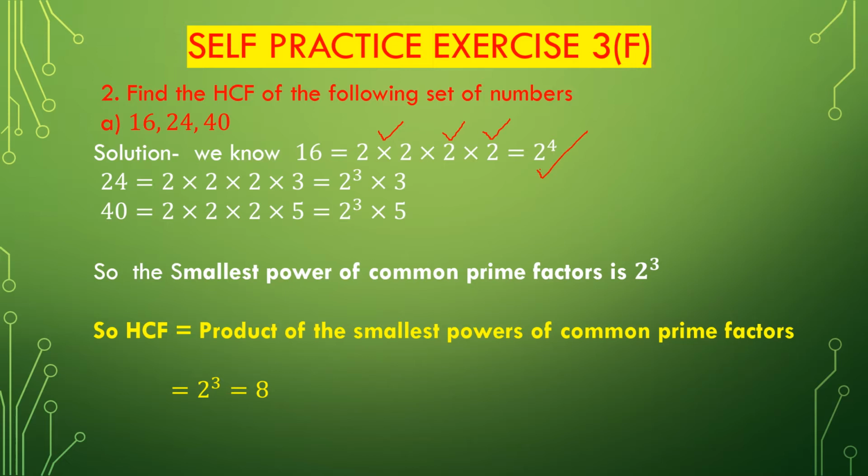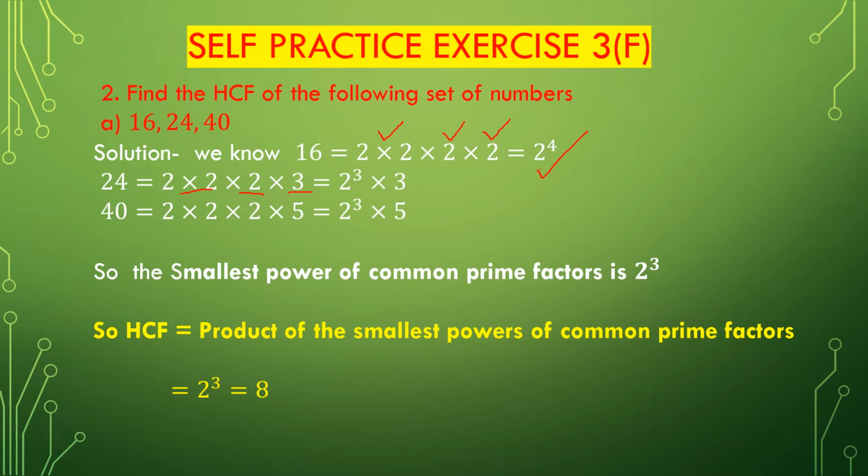Now we find the prime factorization of 24. Prime factorization of 24 is 2 multiplied with 2 is 4, 4 multiplied with 2 is 8, 8 multiplied with 3 is 24. Prime factorization of 24 is 2 multiplied with 2 multiplied with 2 multiplied with 3.